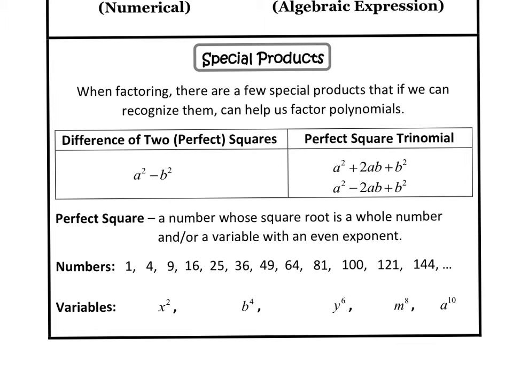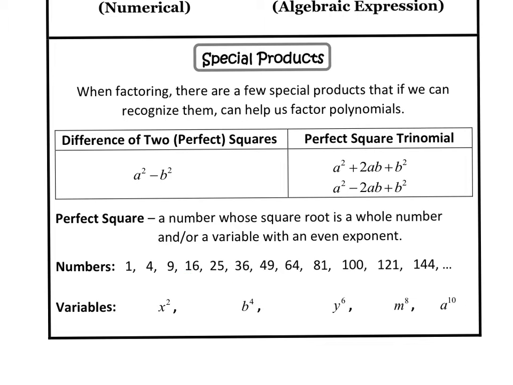Okay, so a couple of things about the terms that we're using. For example, I use the term perfect square. A perfect square is a number whose square root is a whole number, or a variable with an even exponent. Some examples of perfect squares are 1, 4, 9. Keep in mind, these are all numbers that I can take the square root of and get a whole number. So as far as numbers go, we can keep these in our memory.